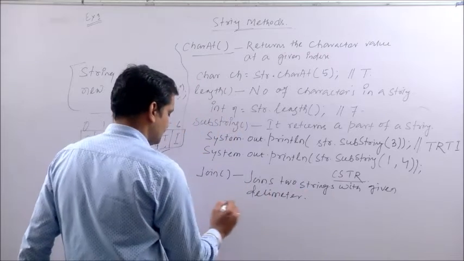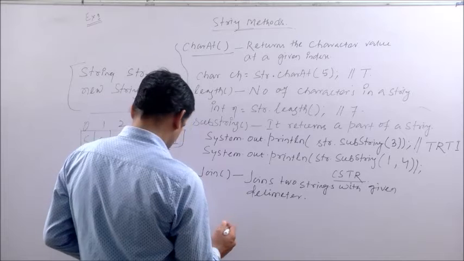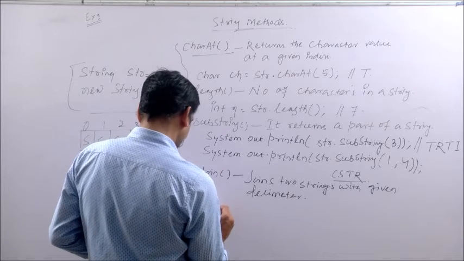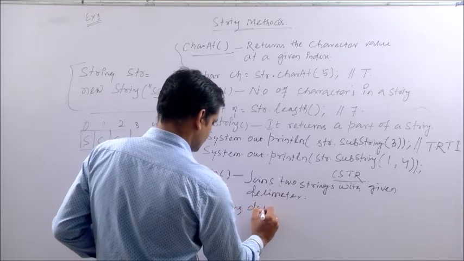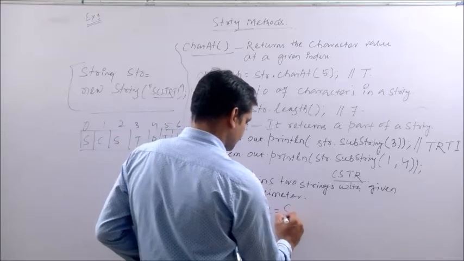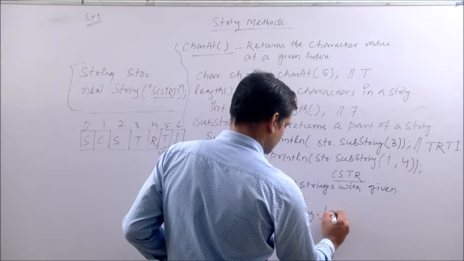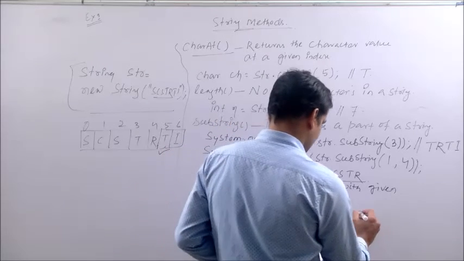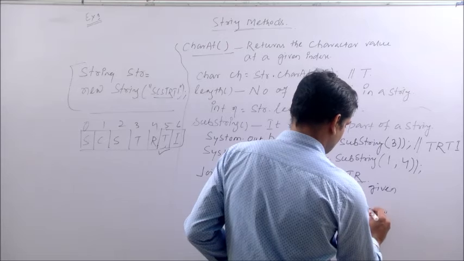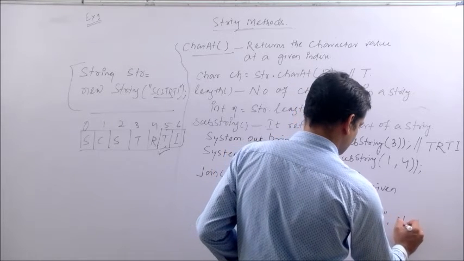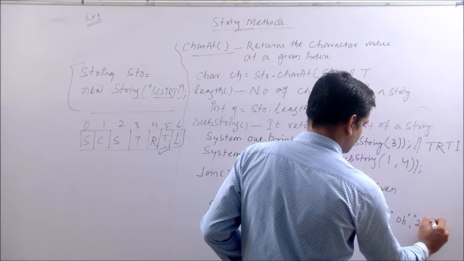For example, we may use it like this: String date. Date is one object we are creating, and we are going to join. First comes the delimiter, then come the strings to be joined, separated by the delimiter.